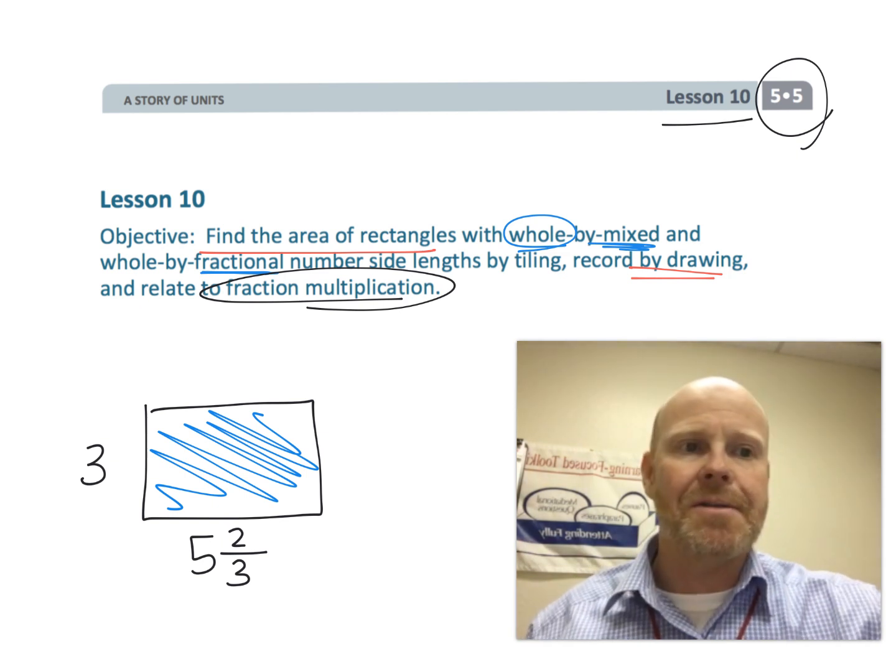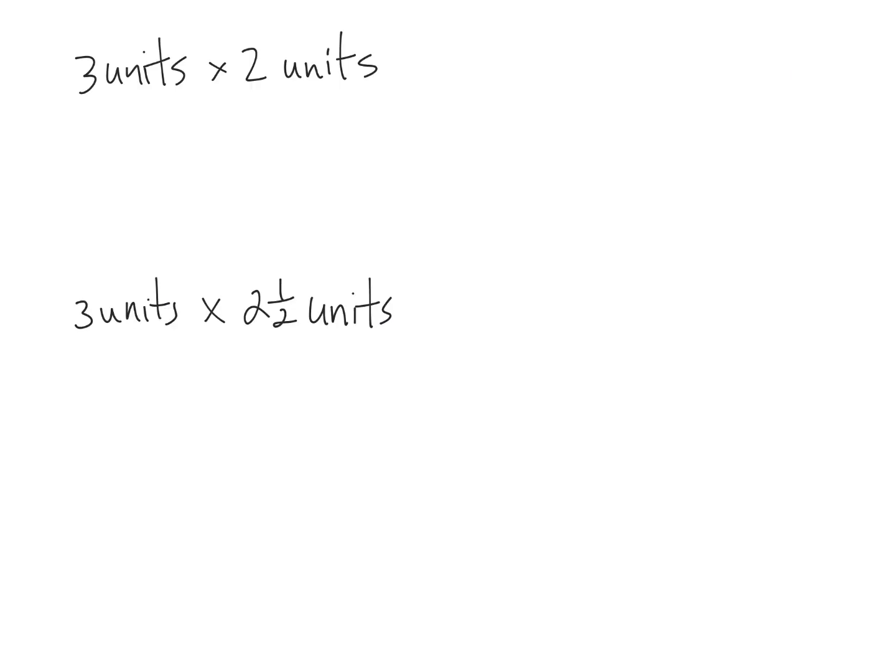So let's get started. A key thing in this lesson, parents and teachers, is that we are going to be tiling our fractions rather than just using repeated addition. If we look at 3 units by 2 units, when we think about 3 times 2, we could think of this as 3 copies of 2.